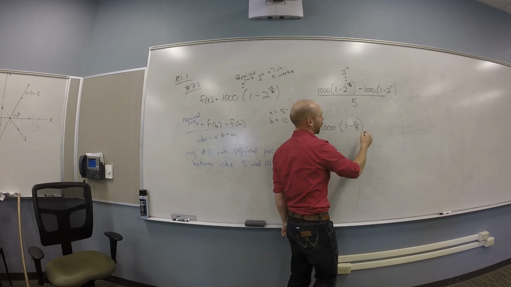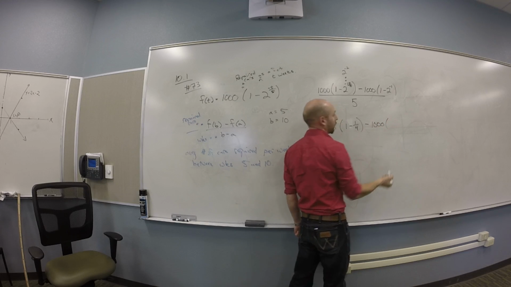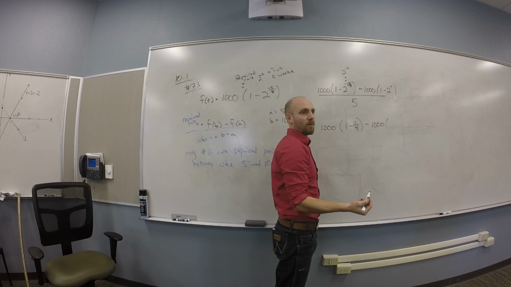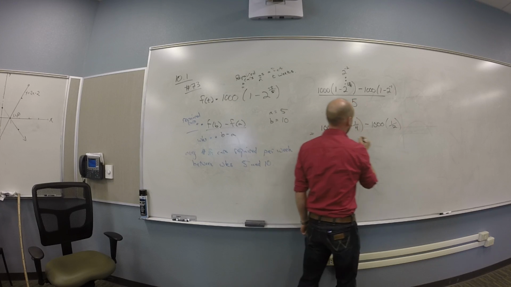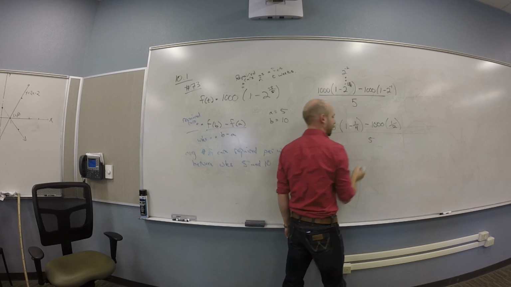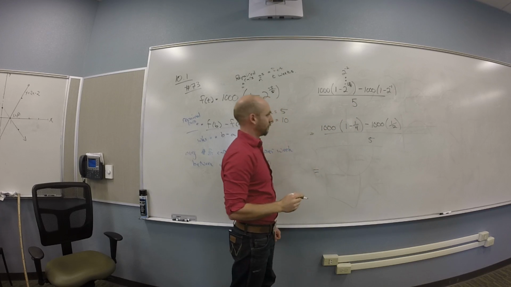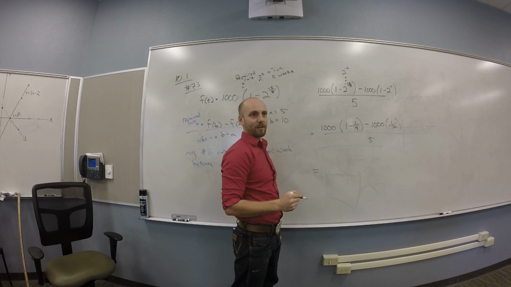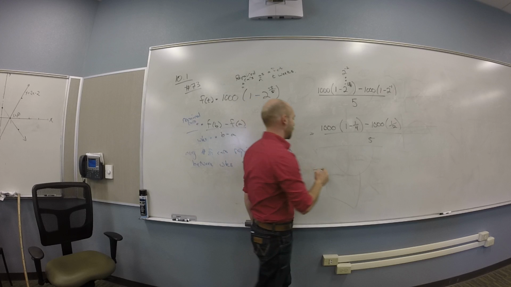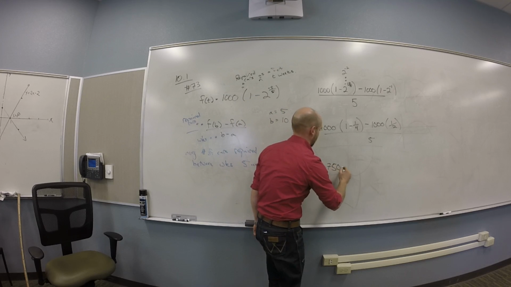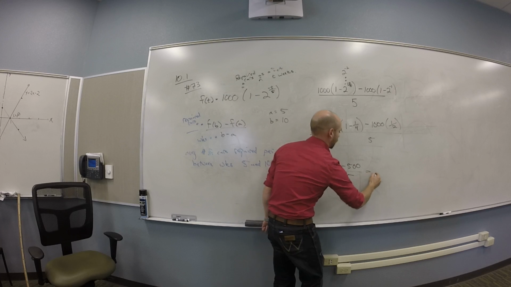So I got 1,000 times 1 minus 1/4, minus 1,000 times 1 minus 1/2, which is 1/2. And this is all still over 5. And so I get 750 minus 500 over 5, which gives you 50.